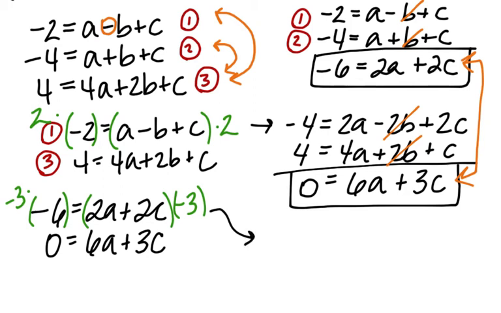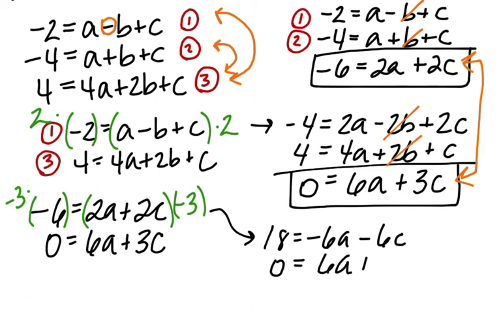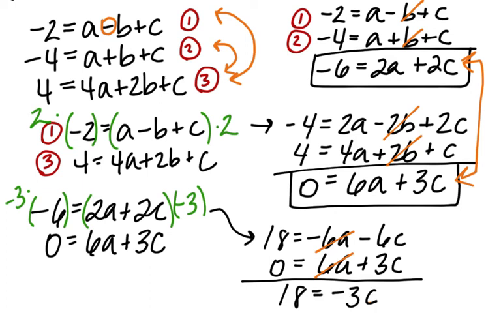So my new equation is 18 equals negative 6a minus 6c. And my bottom equation stayed the same, 0 equals 6a plus 3c. So now when I do my elimination, my negative 6a and positive 6a subtract out, those equal 0, and I'm left with 18 is equal to negative 3c.